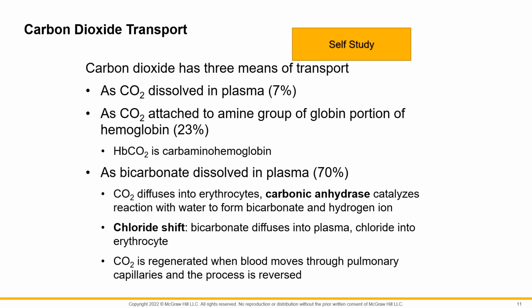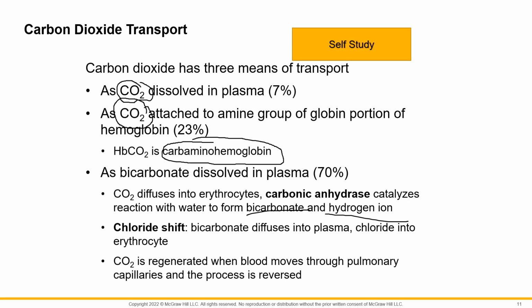Now, carbon dioxide gas, about 7% of it gets dissolved in plasma itself, which is due to that slightly higher solubility coefficient. Part of it is transported via hemoglobin, which is through your carbaminohemoglobin, and the bulk of it travels as your bicarbonate and hydrogen ion that we just saw.